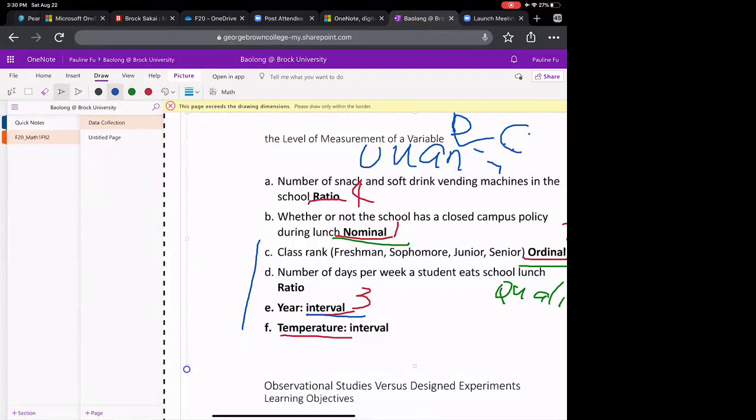In summary, nominal data and ordinal data belong to qualitative data. Interval data and ratio data belong to quantitative data. Quantitative data can be further divided into discrete and continuous data. So that is the data.